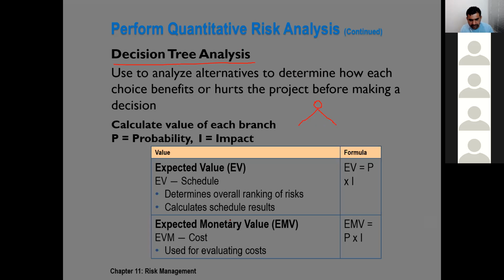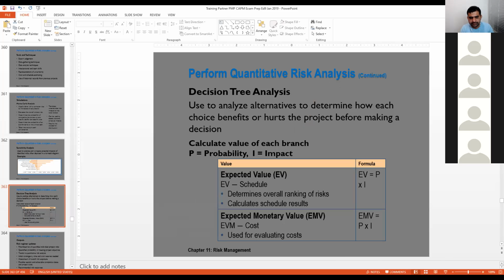Maybe let me open something so that we can discuss decision trees in more detail. I'm just opening a document that might help us discuss the decision tree.